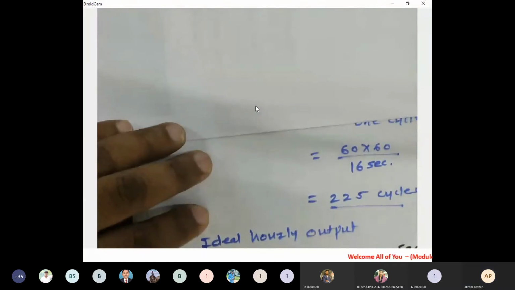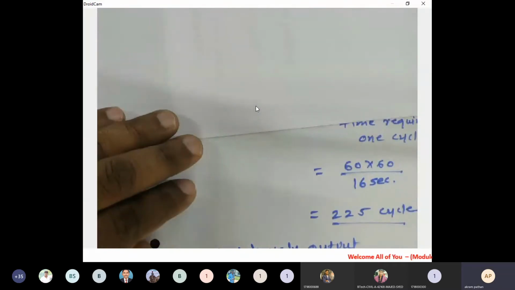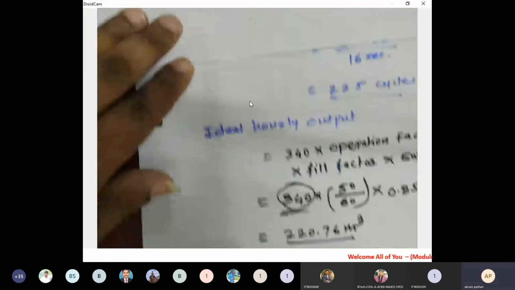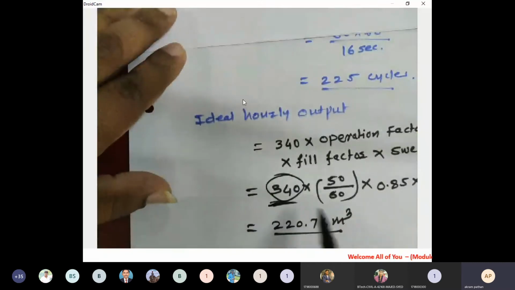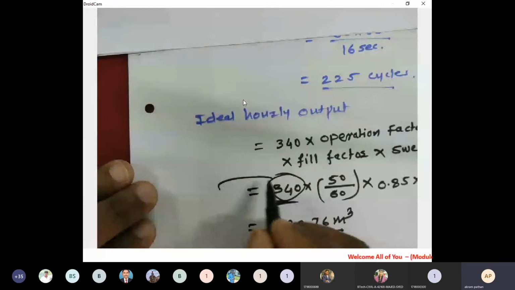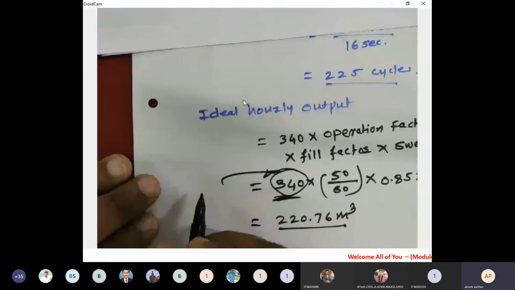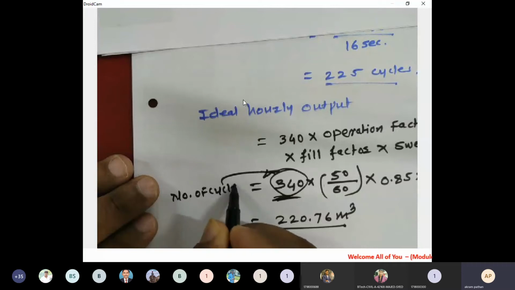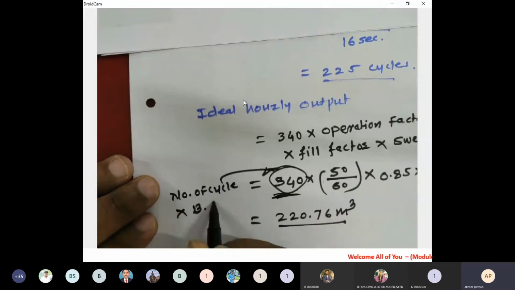But how will you calculate this 340? How have we calculated this 340? It is calculated by number of cycles into bucket capacity.